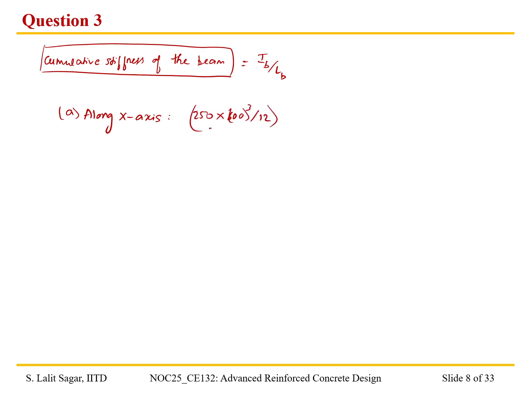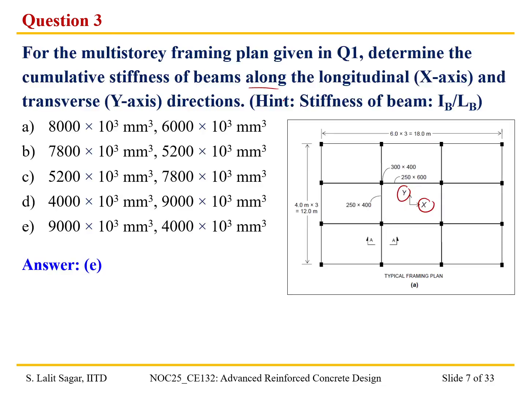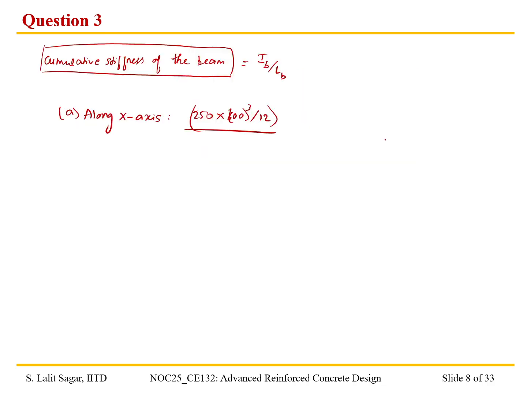That is IB. And what is the center to center distance? That is 6 meter, right? We'll express all the terms in Newton and millimeter, so 6,000. And then multiply that by the number of beams.